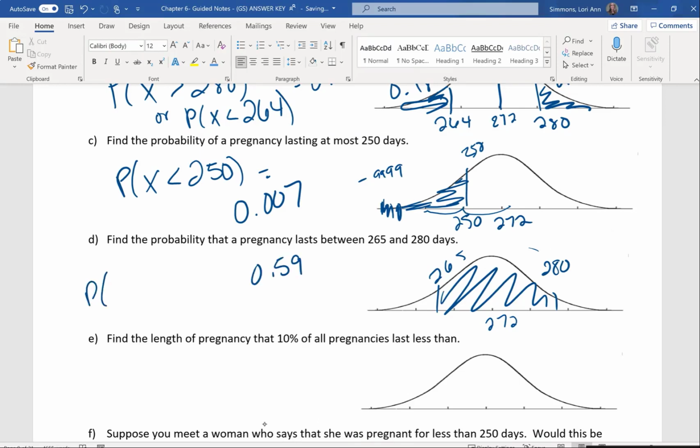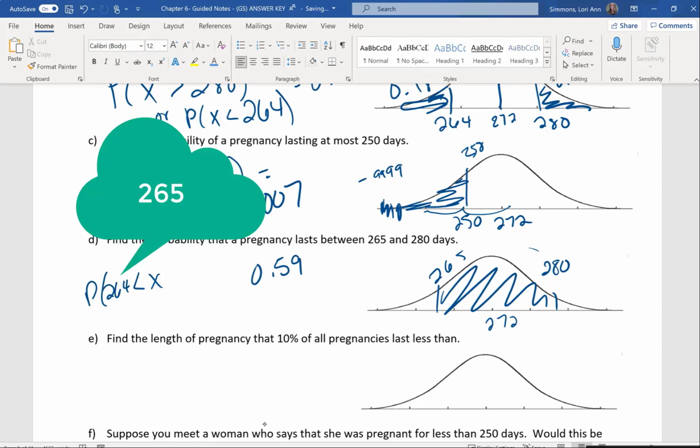And let's write that out. X is greater than 264, but less than 280. So the interpretation of this is that there is a 59% chance that a randomly selected pregnancy will last between 265 to 280 days.